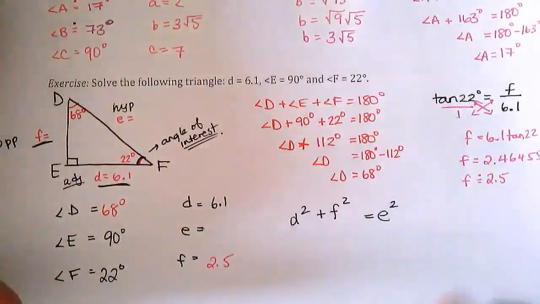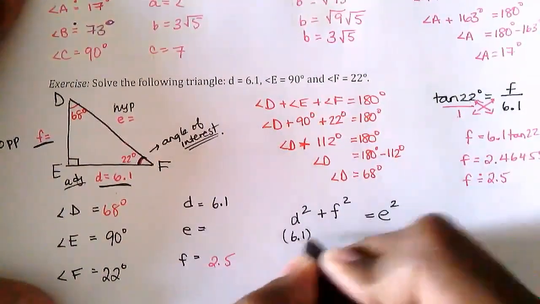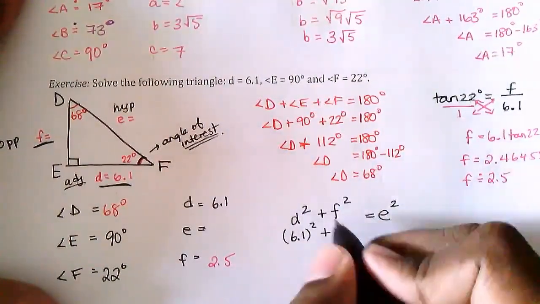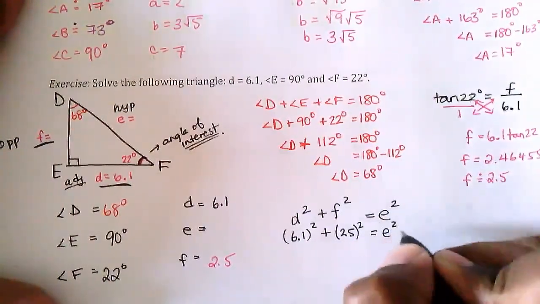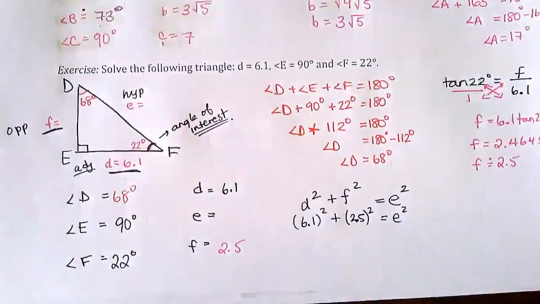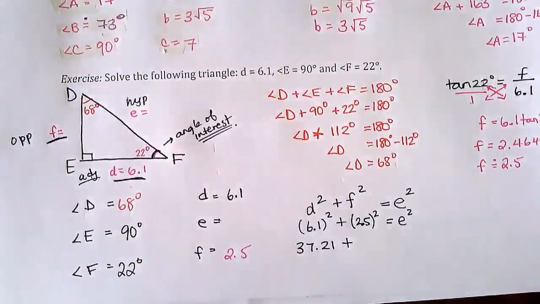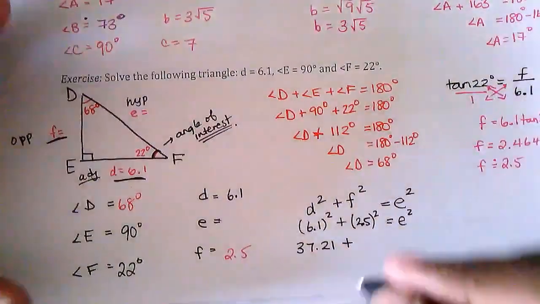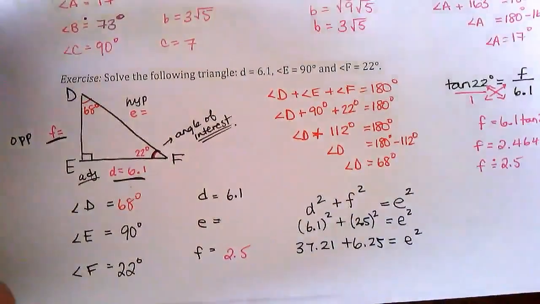So let's plug in what we have. d we know is about 6.1 squared, plus f, which was about 2.5 squared, is equal to e squared. These are nice numbers. I will let you use a calculator for this. So 6.1 squared, I'm just typing it into my calculator, is 37.21, plus 2.5 squared, which is 6.25, is equal to e squared.